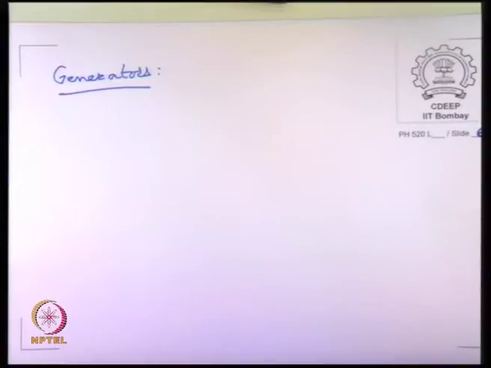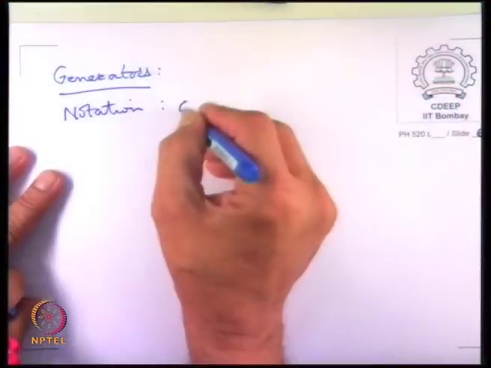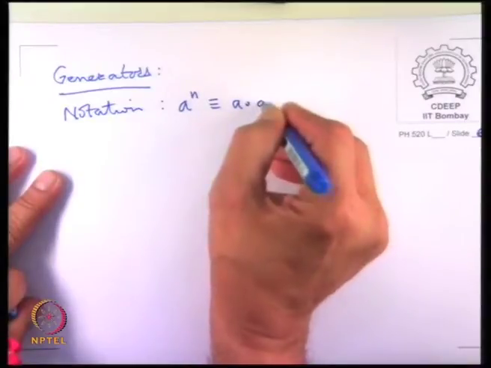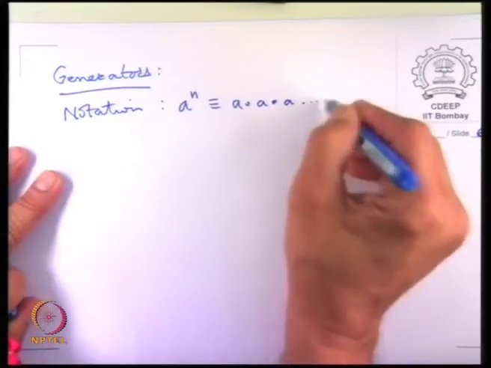So, we already saw a trivial example. I have a 90-degree rotation. If I keep doing 90-degree rotation several times, I actually recover all the 4 elements of the group. So, first we say some notation, a raised to n is the same as a o a, n times.